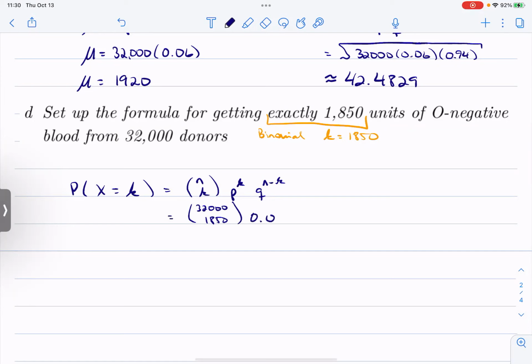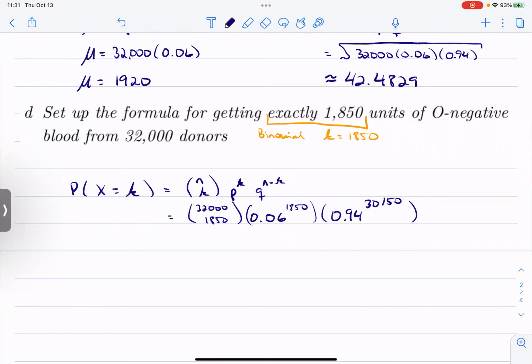P is 0.06 to the power of 1,850 times 0.94 to the power of 32,000 minus 1,850, which is 30,150. I've set it up, and that's as far as we can go.